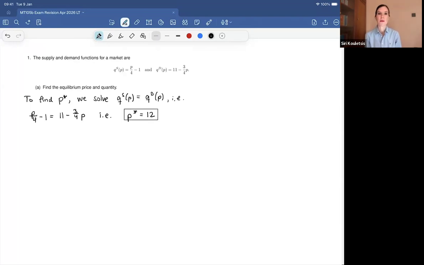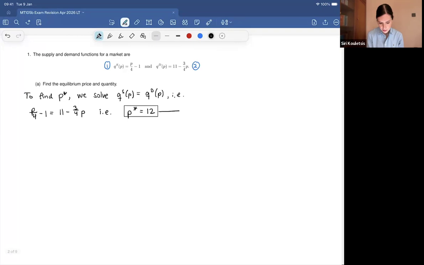Now we just need to substitute that back into either equation 1 or 2, if I give them a number here, to find Q star. Let's say that I use the supply equation.